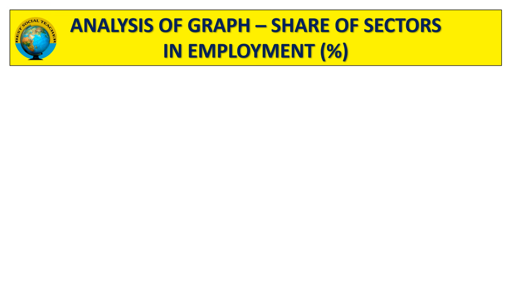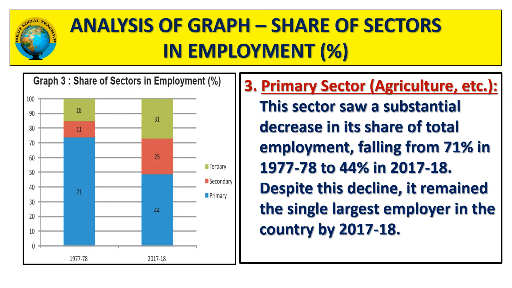Now we will go by sector. For example, if you see the primary sector in blue color, you come to know the difference. This sector saw a substantial decrease in its share of total employment, falling from 71% in 1977-78 to 44% in 2017-18.